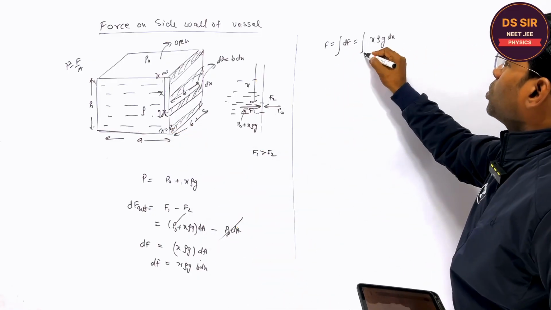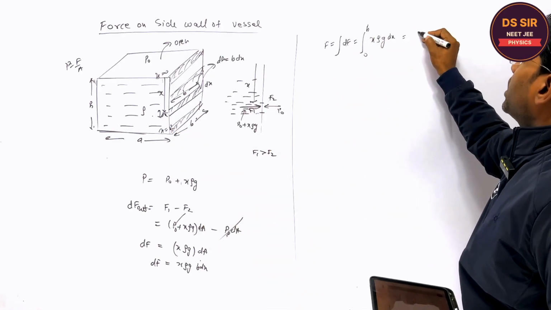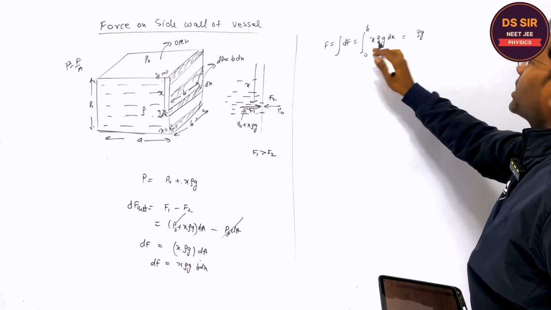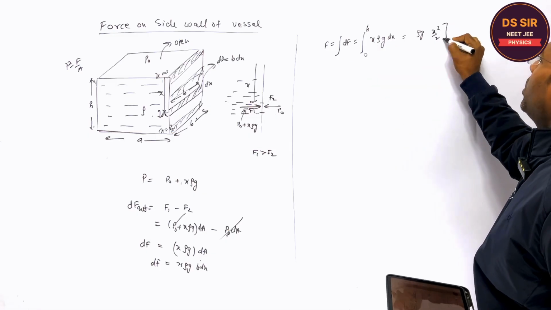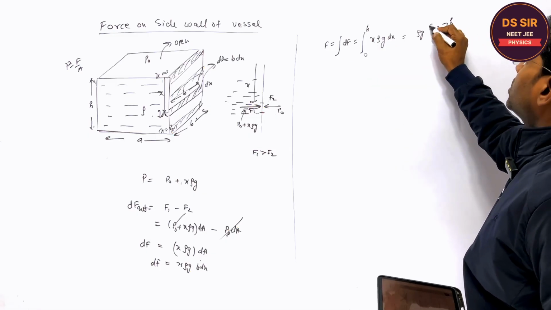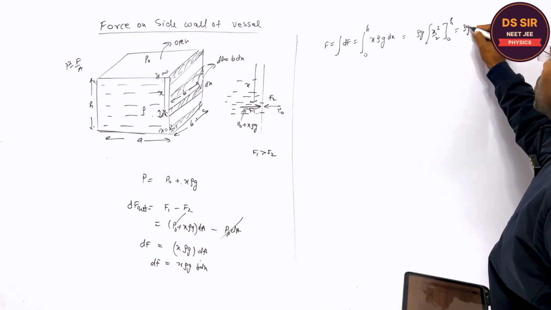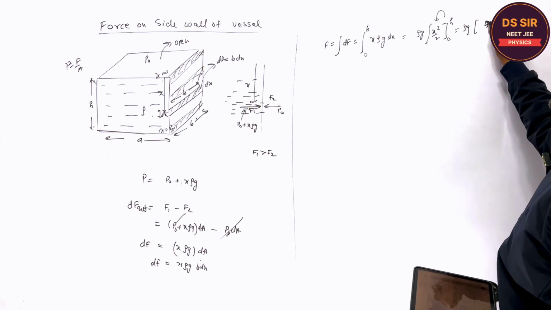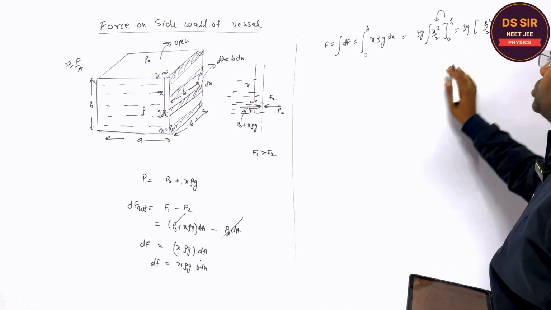Rho g is the common quantity. The integration of x is x square by 2 from 0 to h. Now you put the limits: rho g, upper limit h square by 2 minus 0.